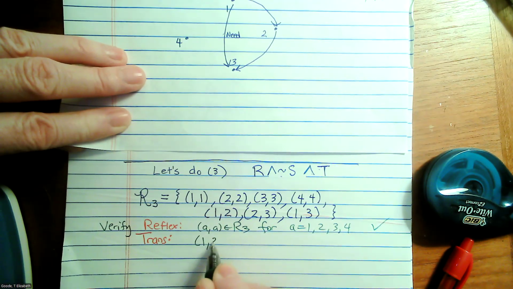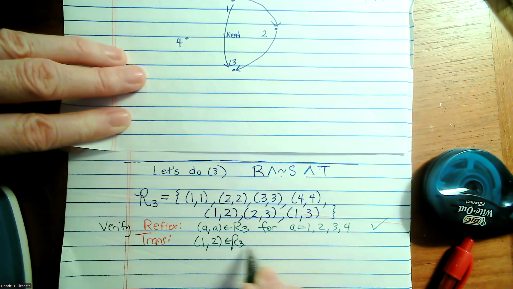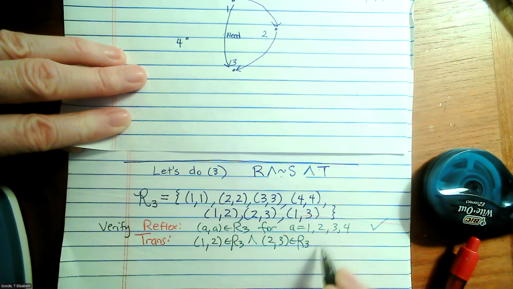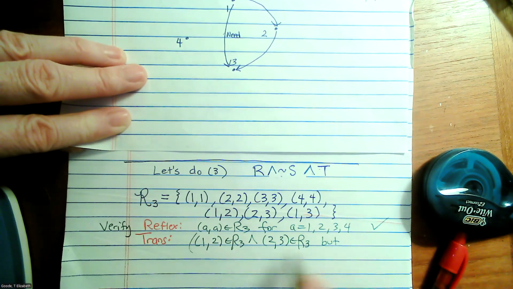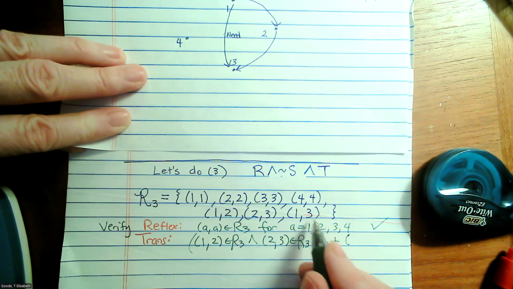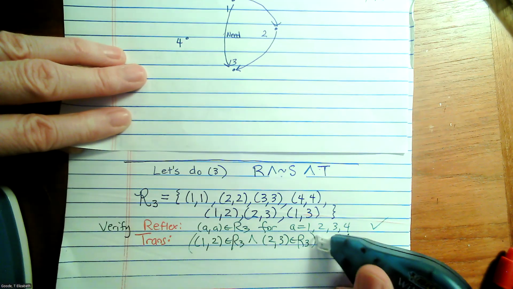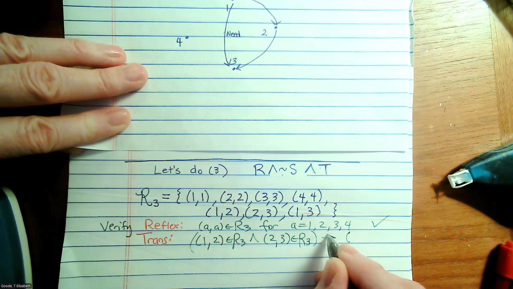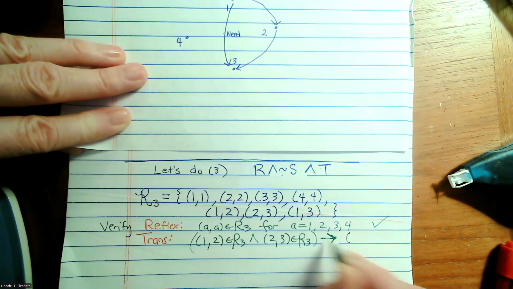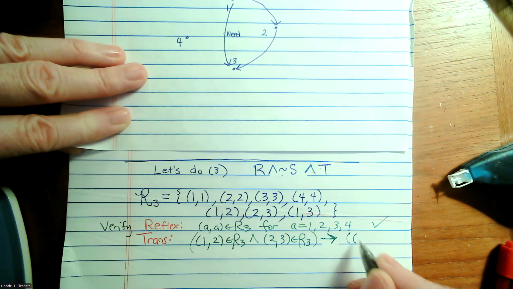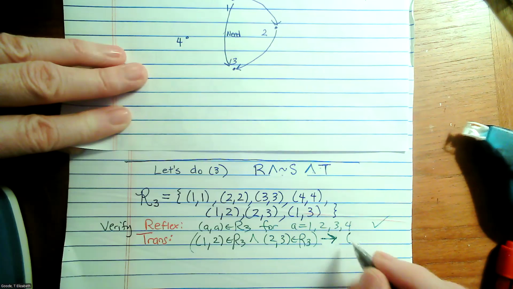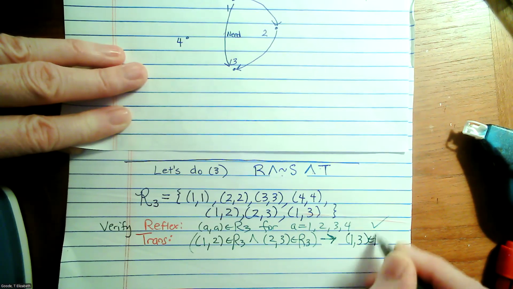So (1,2) is in R3 and (2,3) is in R3, but, oh, wait a minute. Sorry, I must not be firing on all cylinders. That does imply that (1,3) is in R3, right? We did get it. (1,3) is in R3.